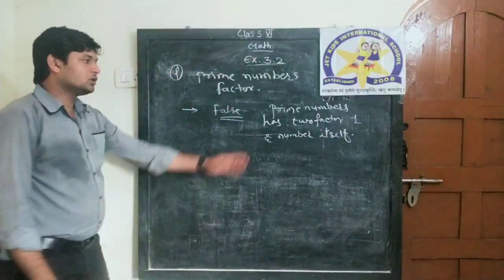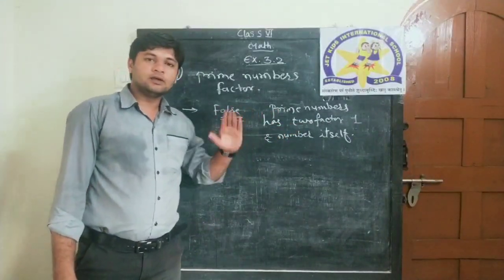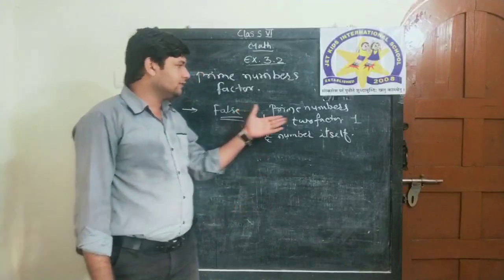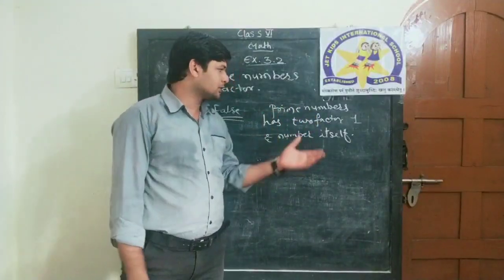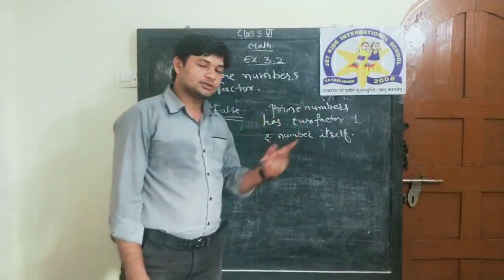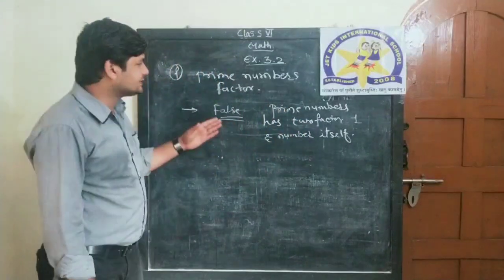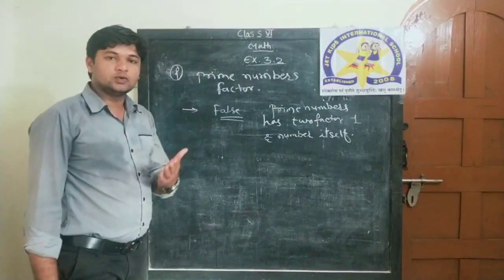Clear? This is a very important thing. You have to write it. Why? When you revise it, it will help you to clear your concept. Why a prime number has two factors. This brief detail will help you to understand what is going on actually when you revise it.